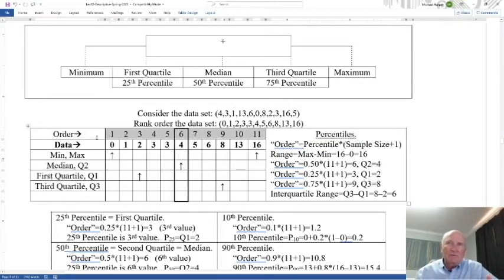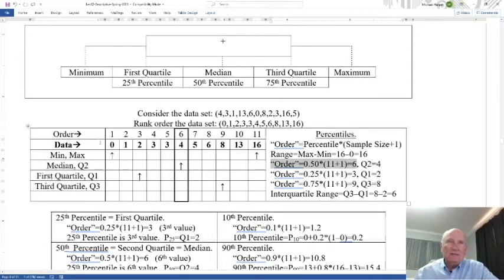Below 1 is 12. So there's 12 intervals. In other words, to get the 50th percentile, I'm going to take 50% of 11 plus 1 because there's 12 intervals. 11 plus 1 is 12. Half of 12 is 6. That's the order at which the 50th percentile or the second quartile or the median occurs.